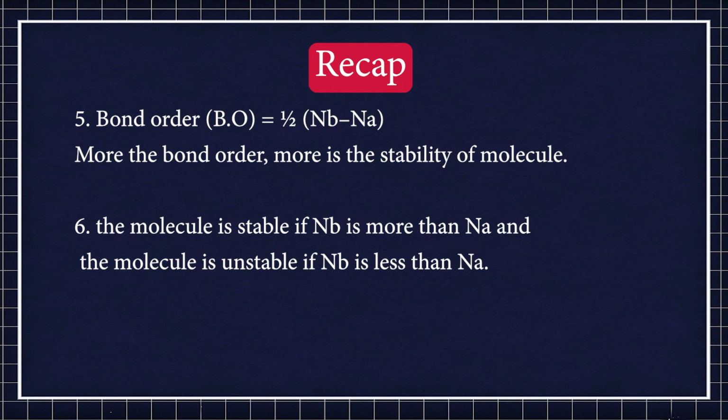The formula of bond order, that is half of the number of electrons in bonding and the number of electrons present in anti-bonding orbital. More the bond order, more is the stability of the molecule. Sixth is, the molecule is stable if Nb is more than Na, and molecule is unstable if Nb is less than Na.